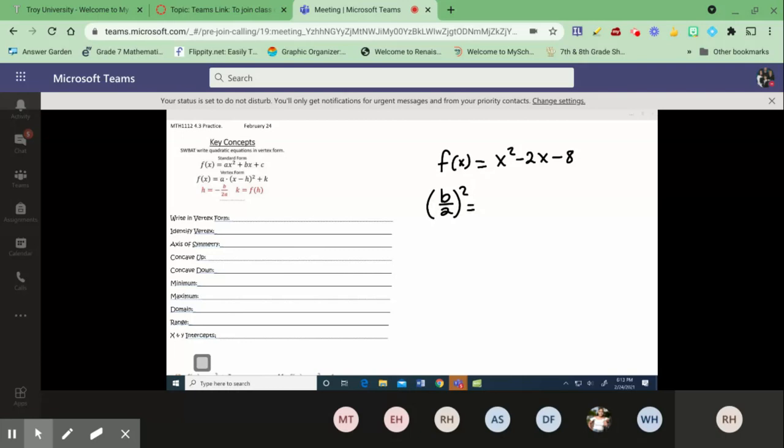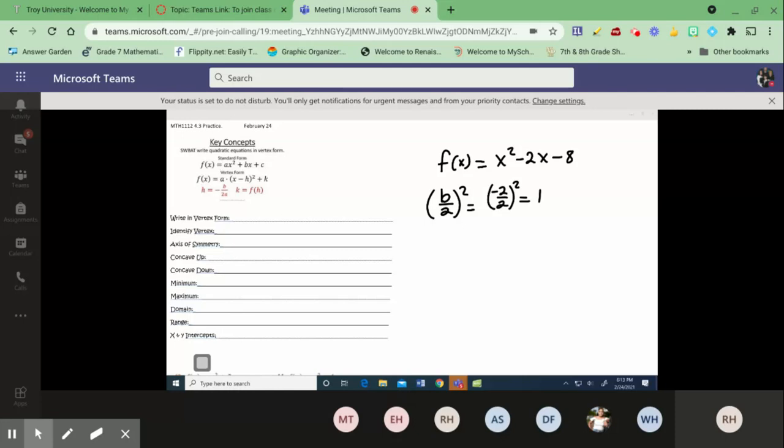It's negative 2 over 2 squared. Negative 2 divided by 2 squared. Negative 1 squared gives me a 1. Right?